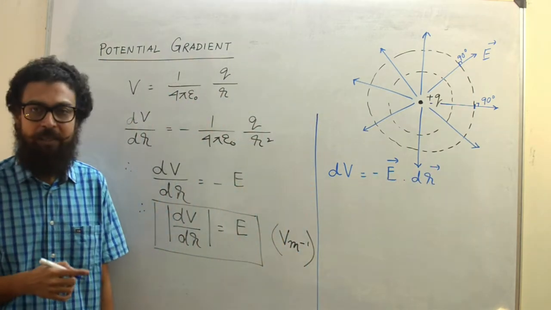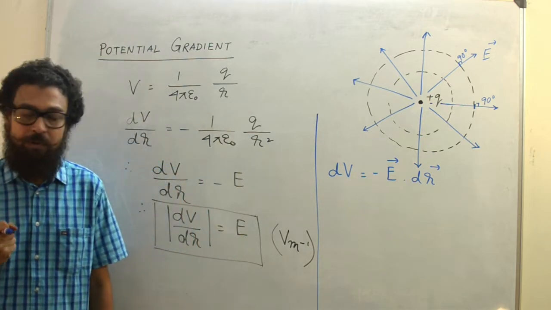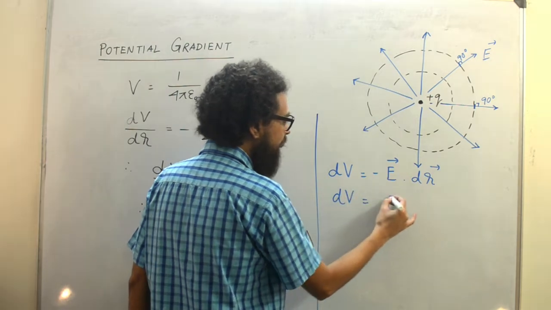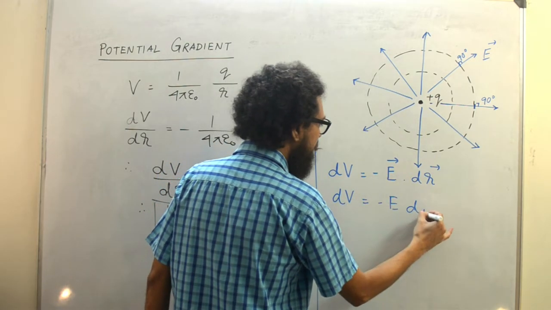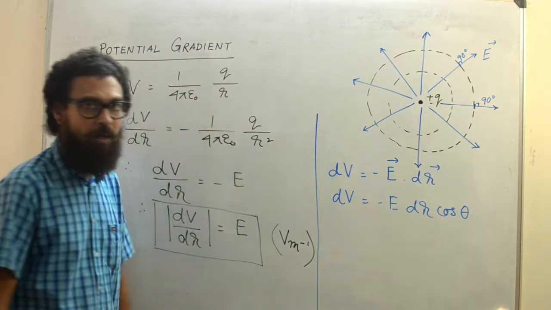Again, I am telling you, it is indicating binding energy, binding force. So I can write dV is equal to E dr cos theta, as per the result of the dot product.